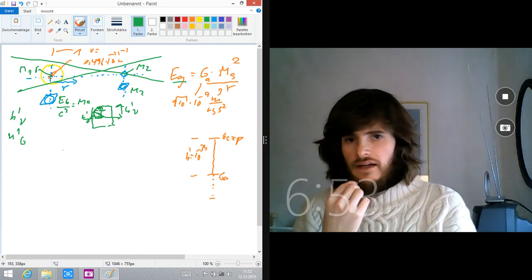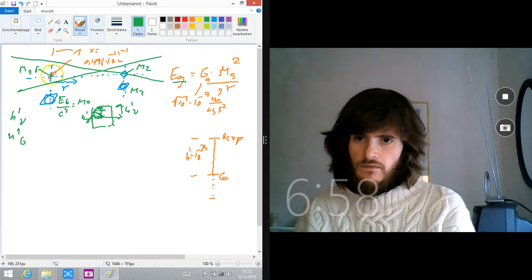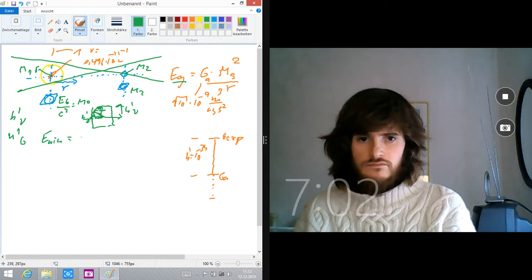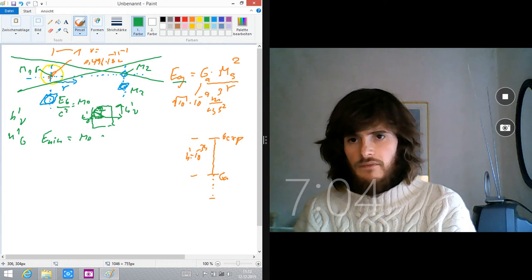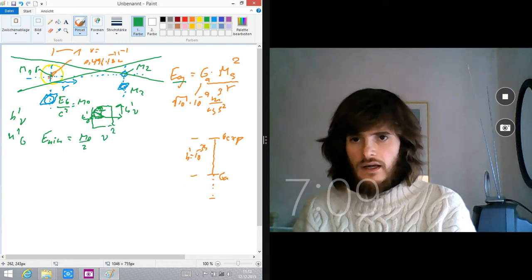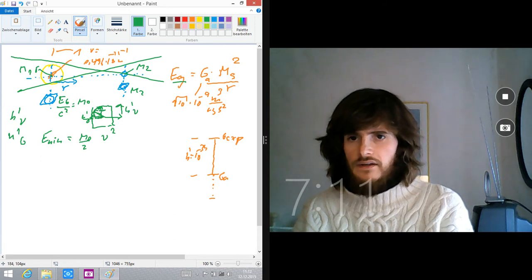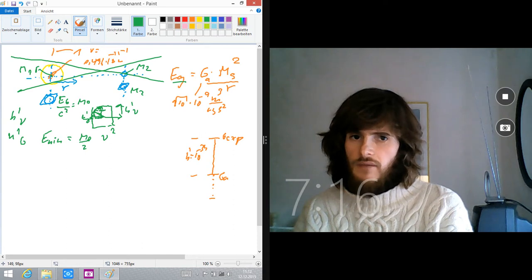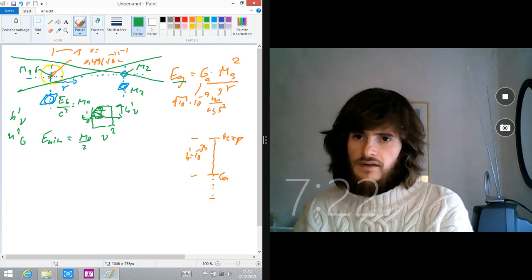Then we can take the kinetic energy as m0 times v squared by 2. And this we can calculate the kinetic energy for each point in the space, even to the very small distances of the Schwarzschild radius. We get for each point in the sun, for example, a kinetic energy for the gigaspace.